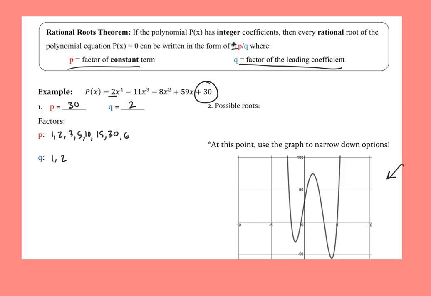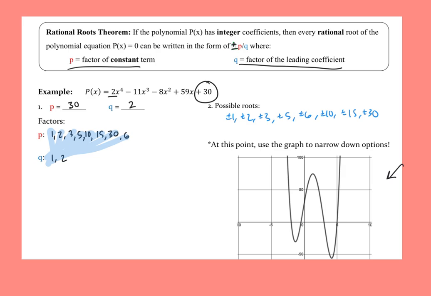So when looking at each of these possible ones, I should get 1 over 1, 2 over 1, 3 over 1, 5 over 1, 6 over 1, 10 over 1, 15 over 1, 30 over 1. When I divide those all by 1, I'm going to get plus or minus 1, 2, 3, 5, 6, 10, 15, 30.